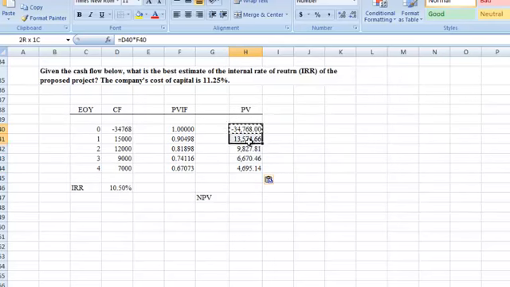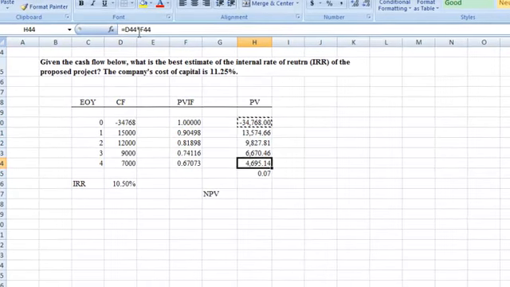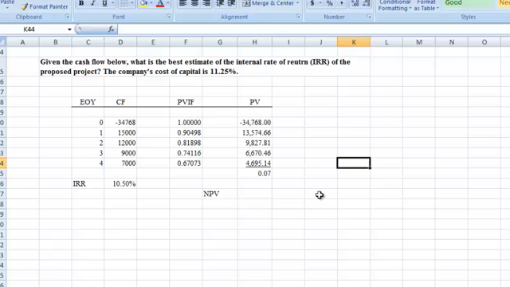Now notice if I total this all up, go back to sum, it comes out basically almost to 0. And why is that?